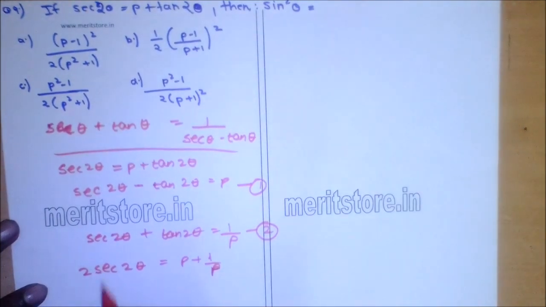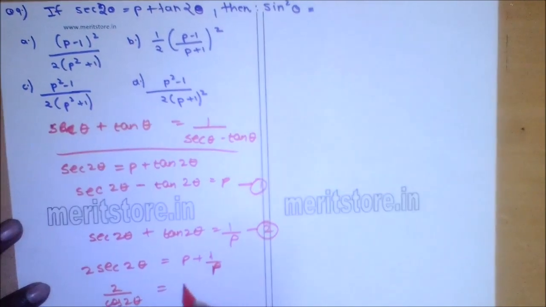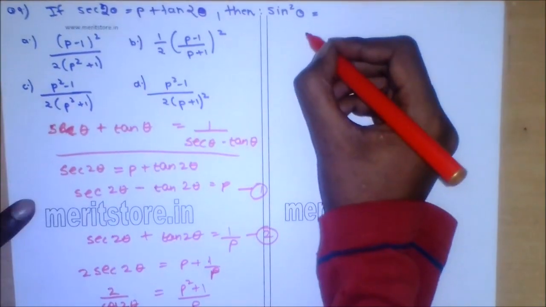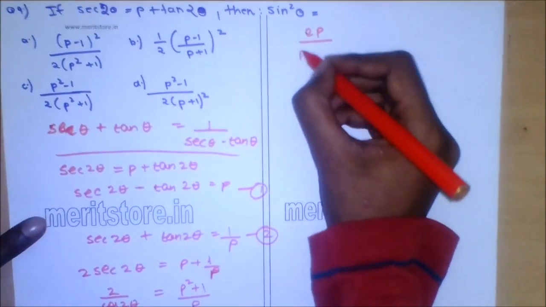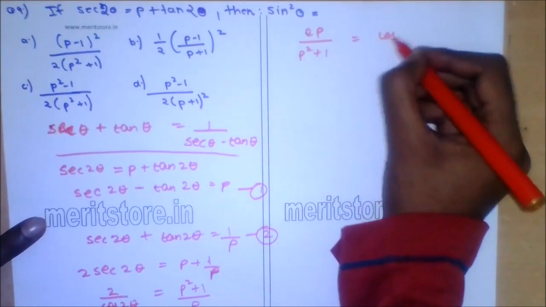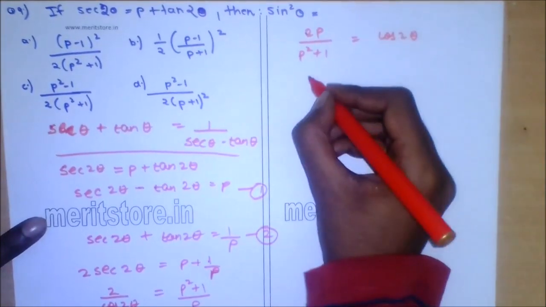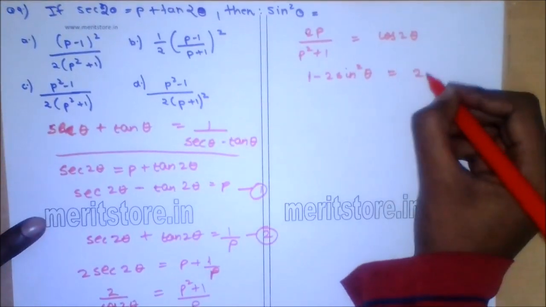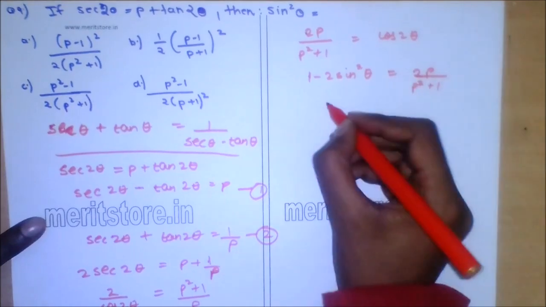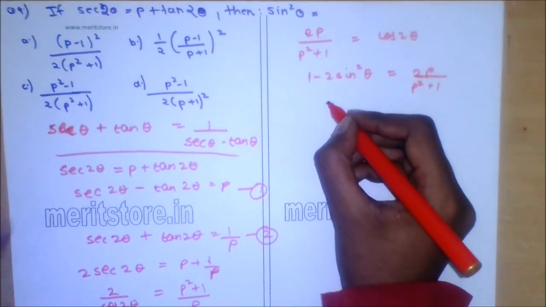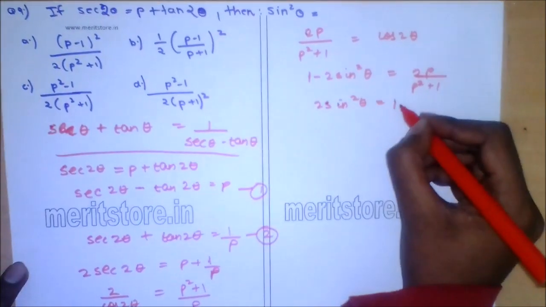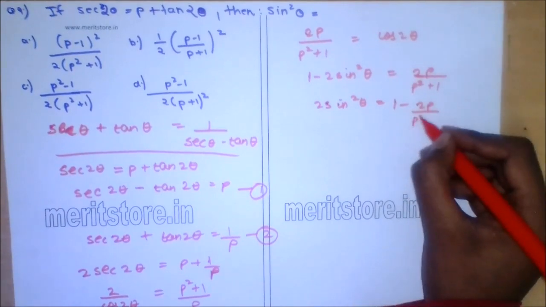Now this can be written as 2 upon cos 2 theta equals p square plus 1 by p, that is 2p upon p square plus 1 is cos 2 theta. Now cos 2 theta is 1 minus 2 sin square theta, which is equal to 2p upon p square plus 1. We rearrange the terms, we get 2 sin square theta equals 1 minus 2p upon p square plus 1.